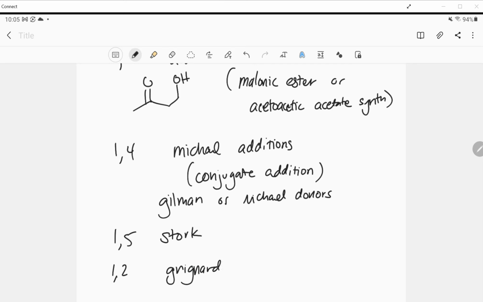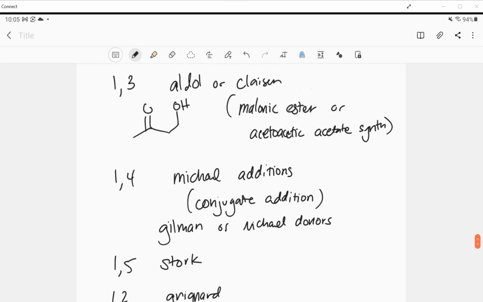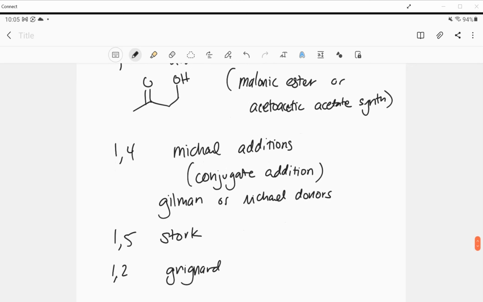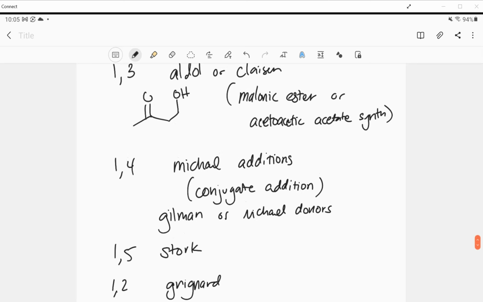So it's a good thing to check your functionalization. What has happened across your molecule? Is it a 1,3 addition, a 1,4, a 1,5, or a 1,2? I guess I could have done that numerically, but whatever. Alrighty.